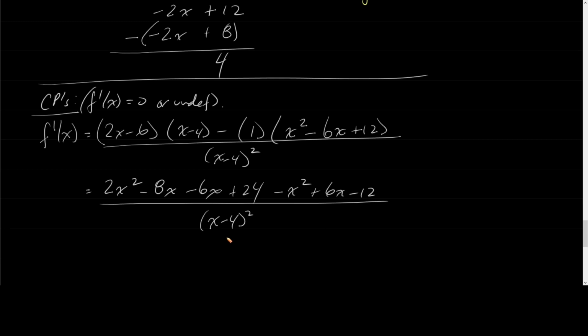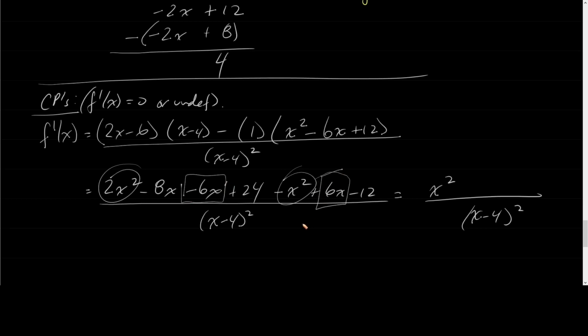All right, so let's reduce. Let's see, what can we combine in the numerator? On the bottom, easy, it's just x minus 4 squared. On the numerator, 2x squared minus x squared, that's just x squared. Negative 6x plus 6x, those cancel each other out, and we're left with just negative 8x.